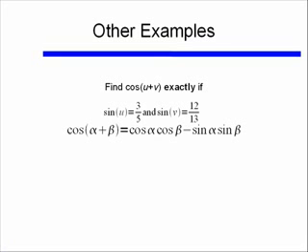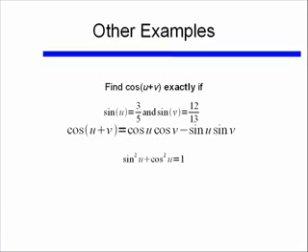Well, let's first look at cosine of u. Here I've replaced alpha and beta with u and v, and if we remember our Pythagorean identity, sine squared of u plus cosine squared of u is equal to 1. Well, I know sine of u, that's 3 over 5. If I square that and add it to cosine squared u, that should equal 1. If I go ahead and square those, I get 9 over 25.